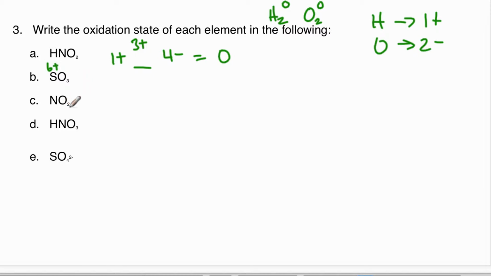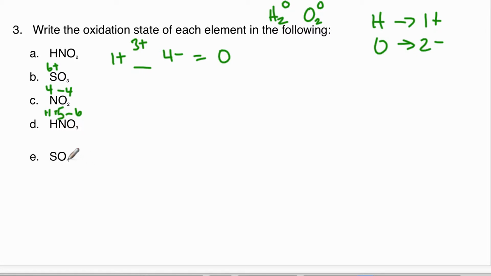Okay, next one, oxygen's a negative 2. There's 2 of them, so that's negative 4. So to even this thing out to 0, nitrogen would have to be a plus 4. HNO3, there's 3 oxygens, so that's a negative 6. Hydrogen's a positive 1, so this nitrogen here has to be a positive 5.